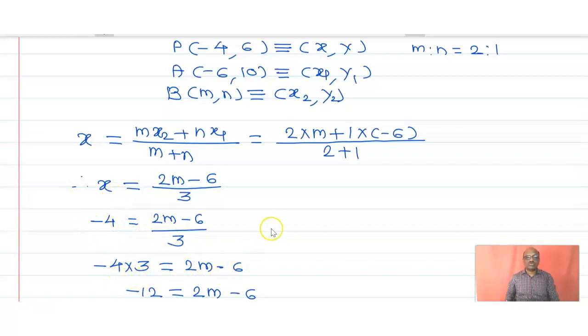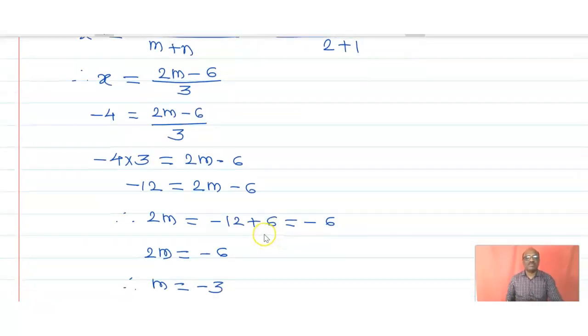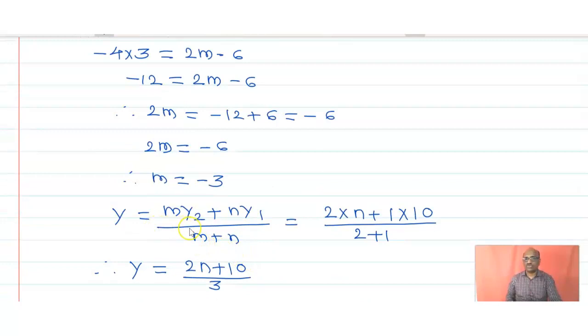Minus 12 is equal to 2m minus 6, and again if we simplify it, 2m is equal to minus 12 plus 6, which is minus 6, therefore m is equal to minus 3. Again y is equal to m y2 plus n y1 upon m plus n. Substitute the values, that is 2 into n plus 1 into 10. Okay, again we will take those values here.